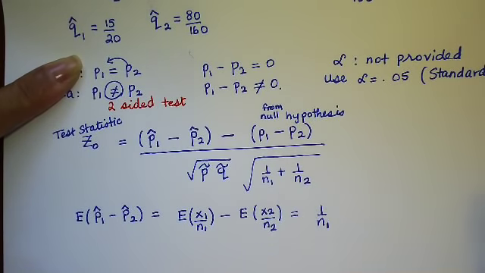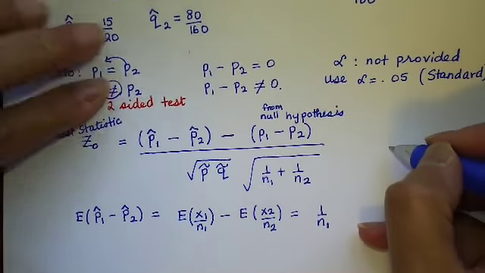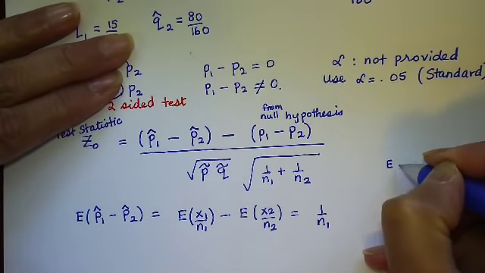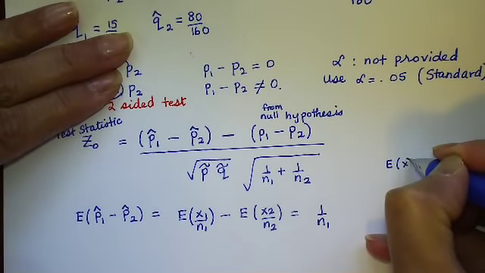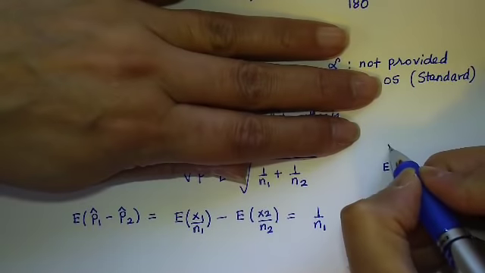Now this 1 over n1 is a constant, so 1 over n1, E of x1, x1 is binomial. X is binomial with mean np and variance npq. So let's go somewhere and write this.